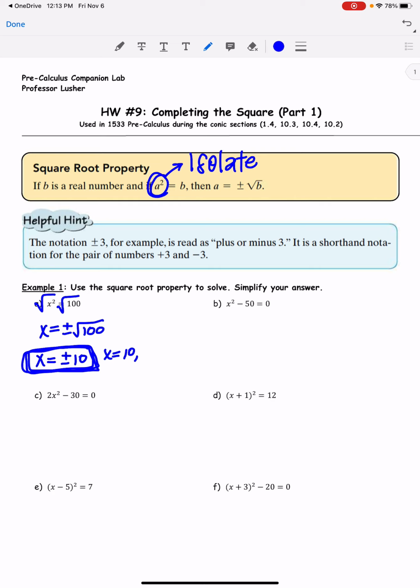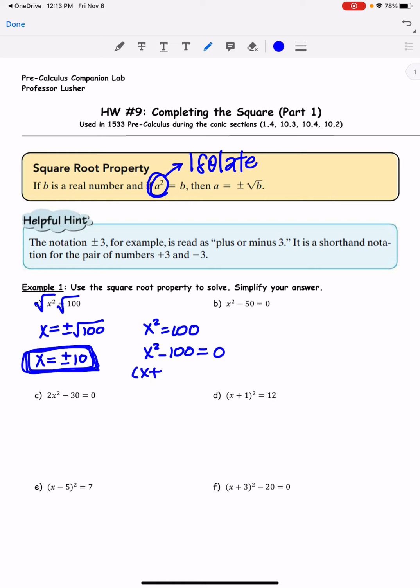Now, if you were doing your homework in this class last 2 weeks, and hopefully you were, we solved this by factoring, right? If you have x squared equals 100, we would move that 100 over. We'd have x squared minus 100 equals 0. Then this was a difference of squares.